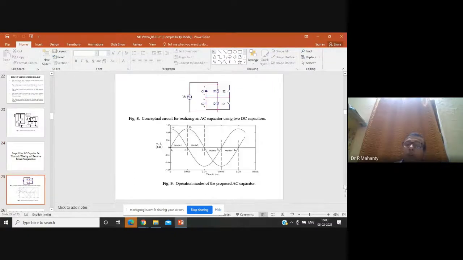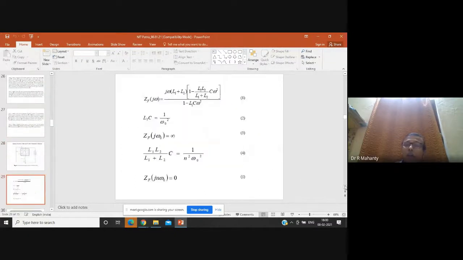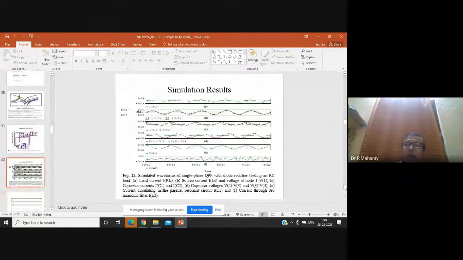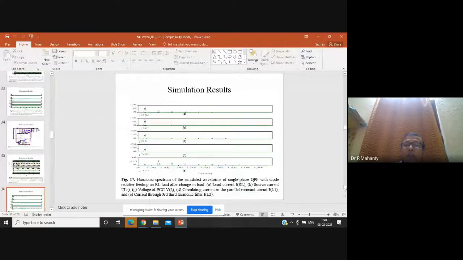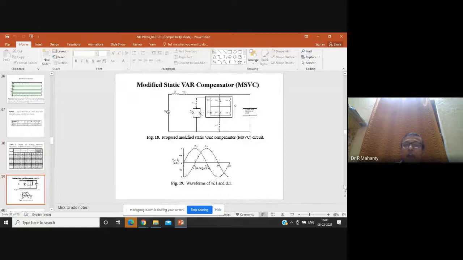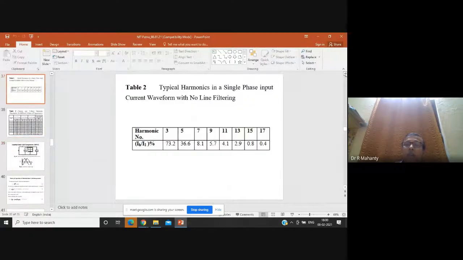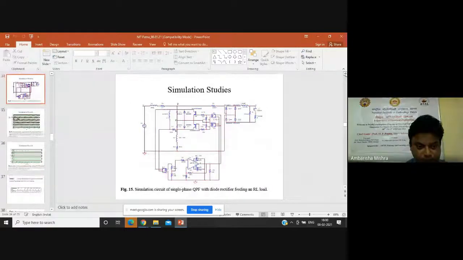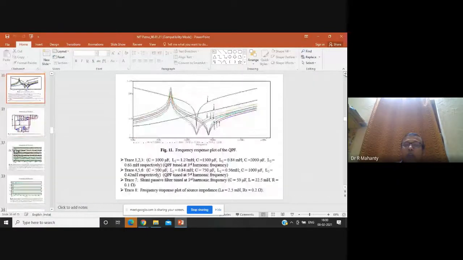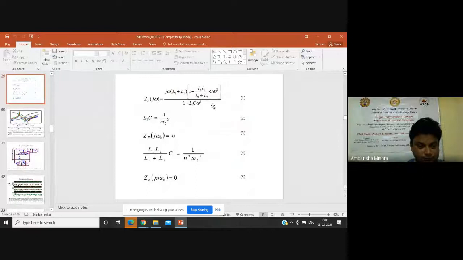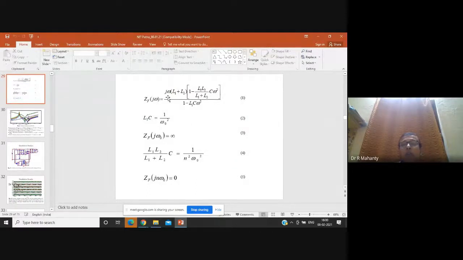We don't require to do that. You see here, this is separate from the active power filter. That's why I said you don't require any control here. What you have to do is write this equation, which is very simple to write.